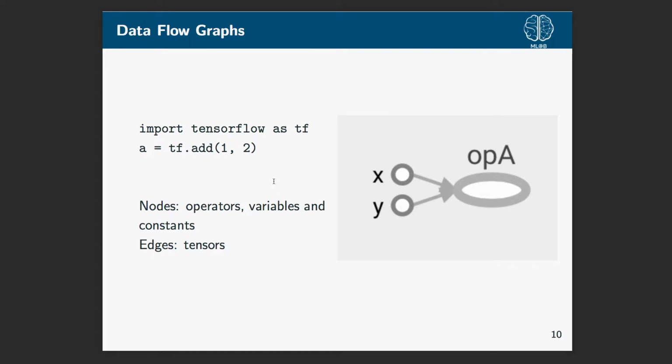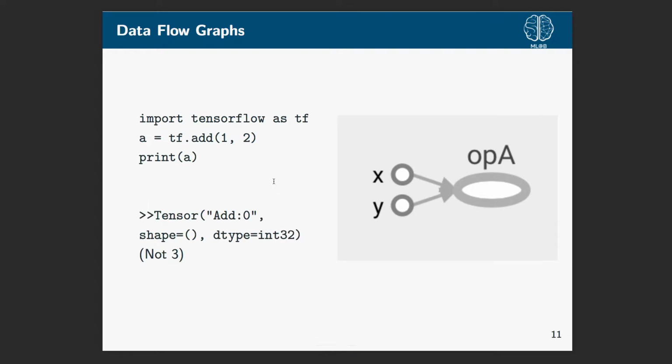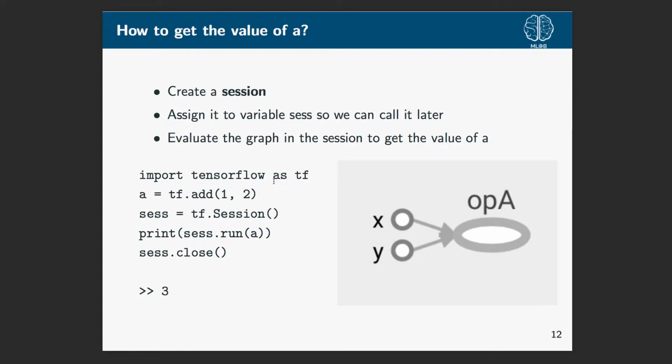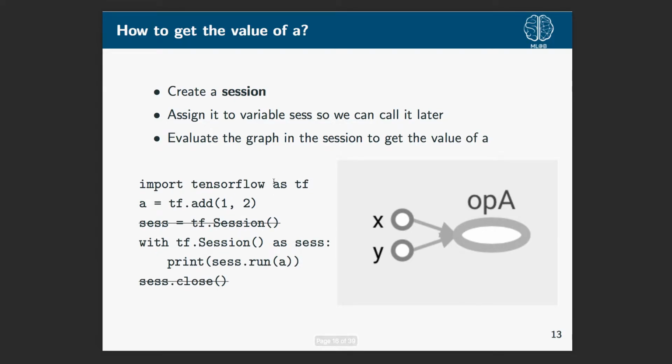So if you try to print a, it will print out a tensor object. How do we get the value of a? We need to create a session and run a in that session. Or another way of writing it is with tf.Session as sesh and print sesh.run(a).